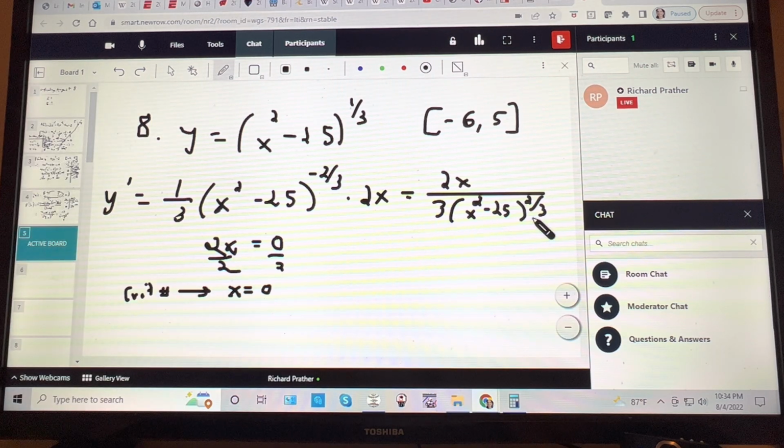Okay, then what makes the bottom equal 0 will come down to what makes this 0. There's 2 numbers that make that 0, because that's a difference of squares, x plus 5 and x minus 5.